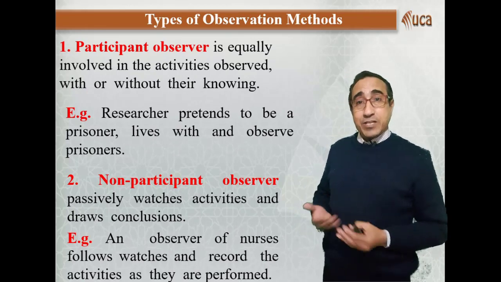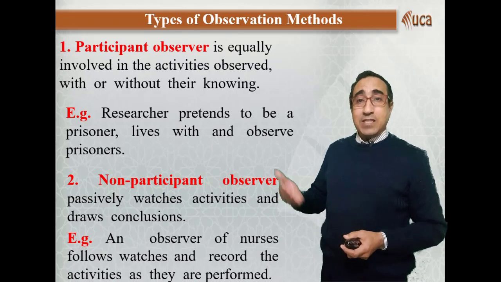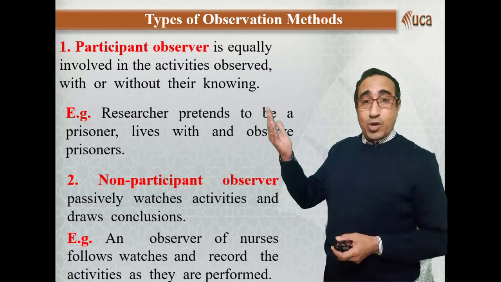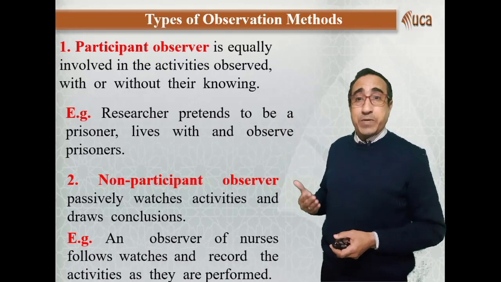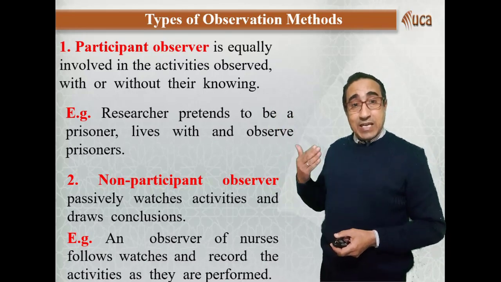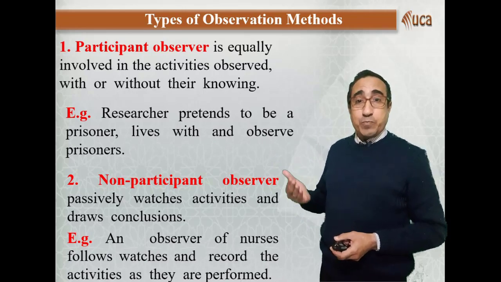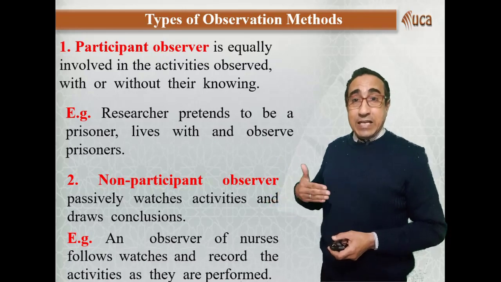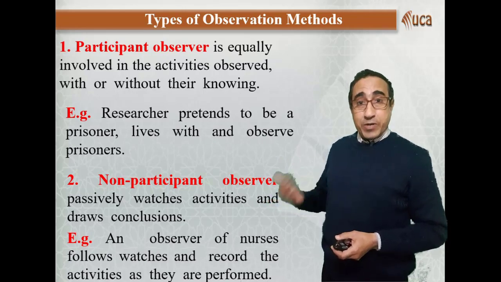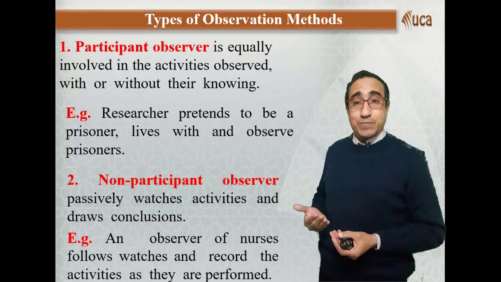Of course, there are types of observation methods. It is when the observer is a participant in the event. For example, a researcher pretends to be a prisoner and lives with the prisoners and observes their performance and takes notes.